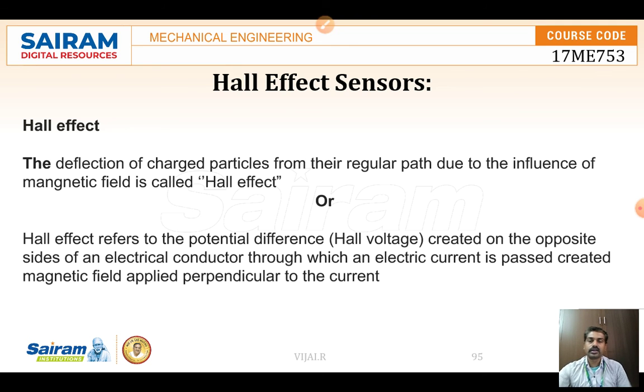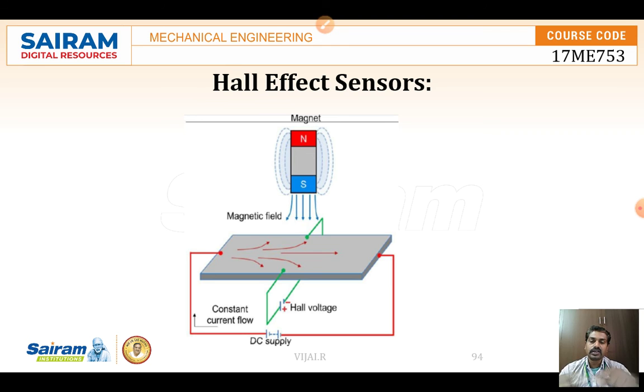In this image, the electrical conductor is a plate where the electrical charges are moving in a particular path. But suddenly when a magnet comes near to this plate, there is a change in the current flow, and the sides of the conductor get magnetized, so that the charged particles get deflected. So this also helps in finding objects coming nearby.